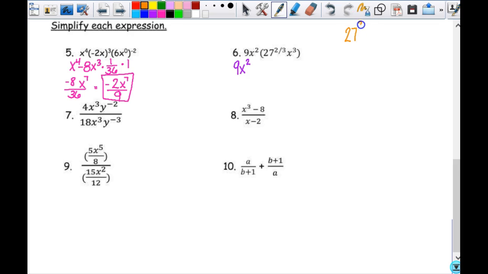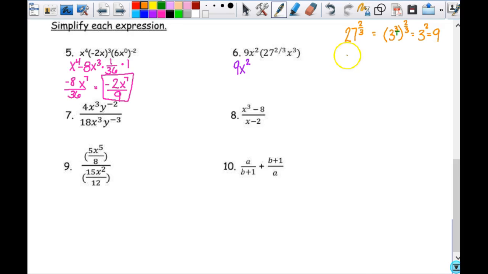Since I have a 1/3 here, basically, if I can get this as a smaller base, something to the 3rd power, that would be helpful. So I could write this as, instead of 27, 3 to the 3rd power to the 2/3 power. And then it's a power to a power, that's just going to give me 3 squared, which is 9.